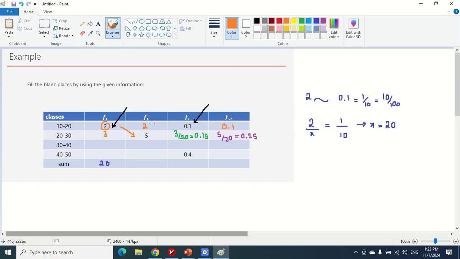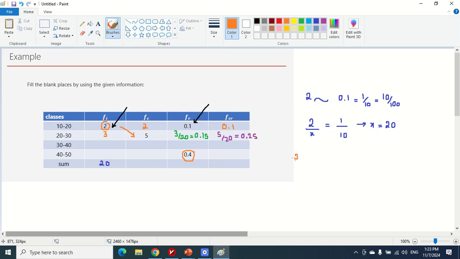For the next one, again, we don't have any information over here, so we'll leave it for now and take a look at the relative frequency that is given in this part. It's 0.4, which means that 40% of the data occupies this class. So 0.4, or 40% of 20, should be calculated.